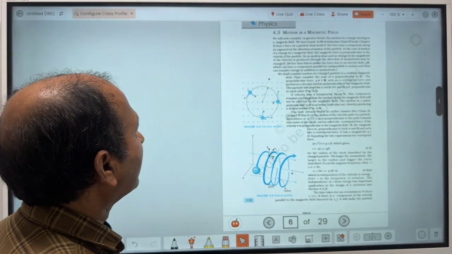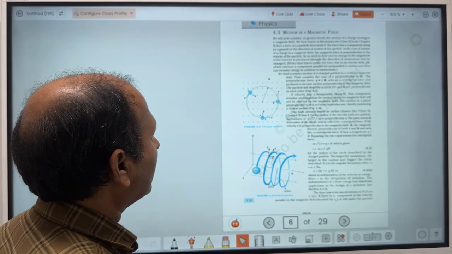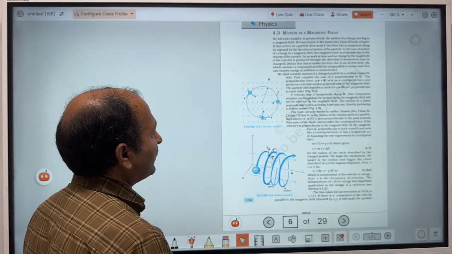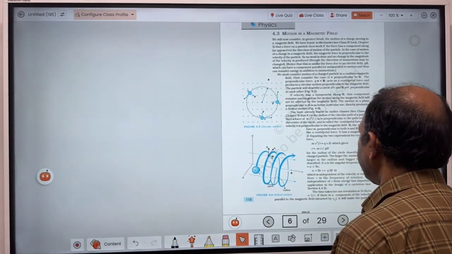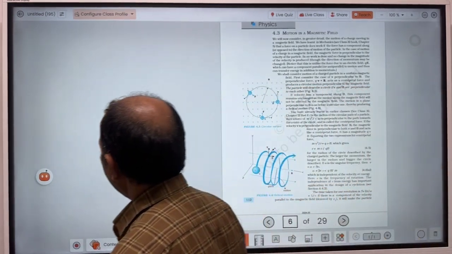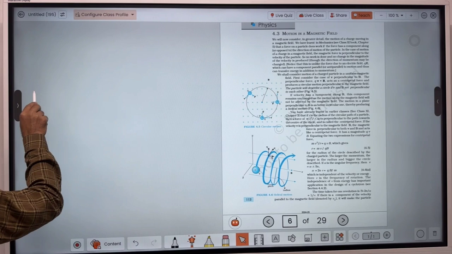But if there is an acute angle, in that case the charged particle will follow a helical path. So we will see both the situations. So let's see.